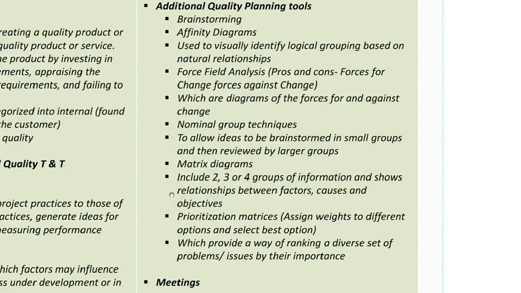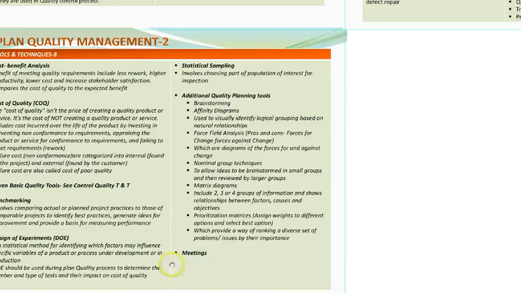Then the last one we have is the prioritization matrices, which assign weight to different options and select the best option, which provide a way of ranking a diverse set of problems and issues by their importance. The last tool and technique again is just meetings.